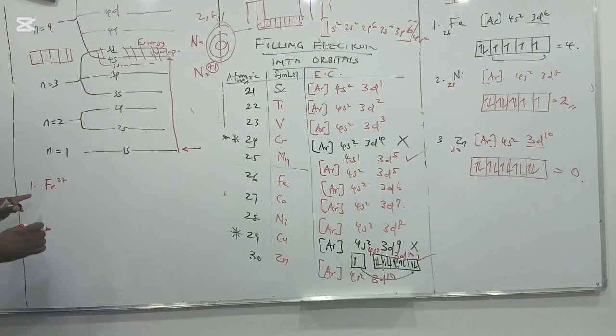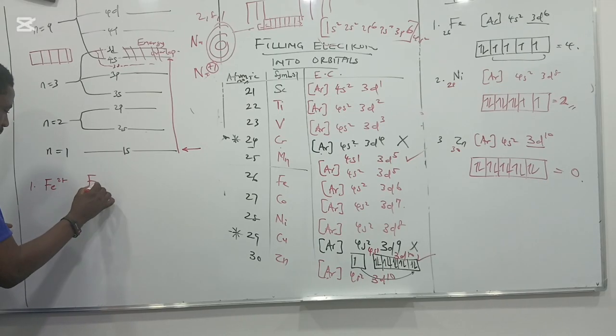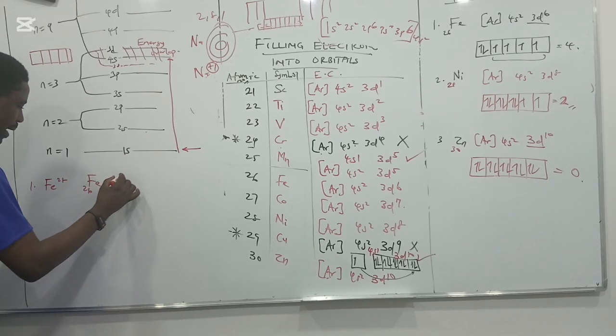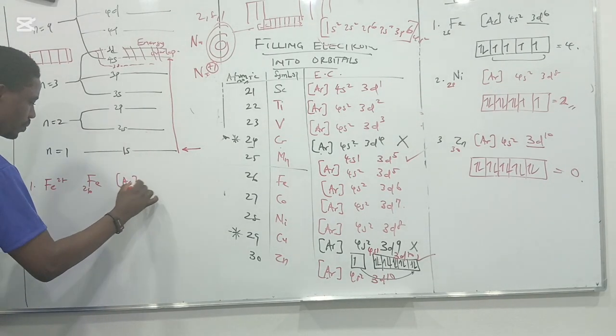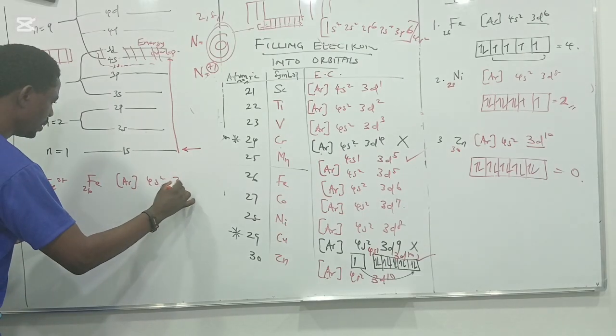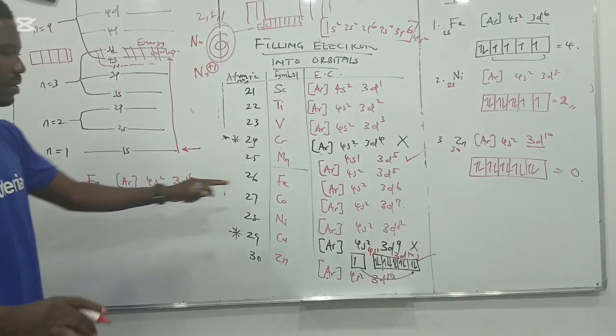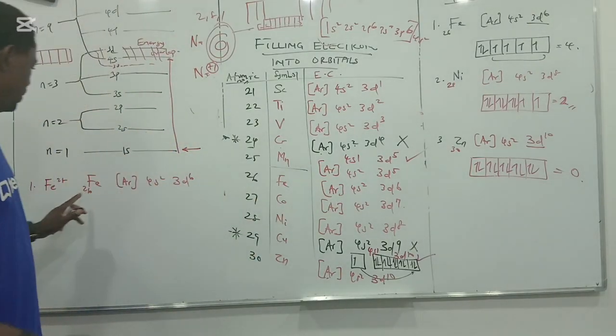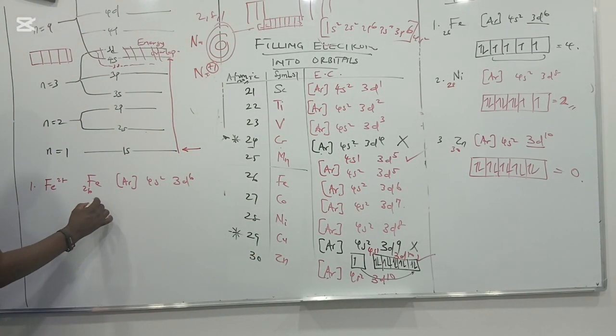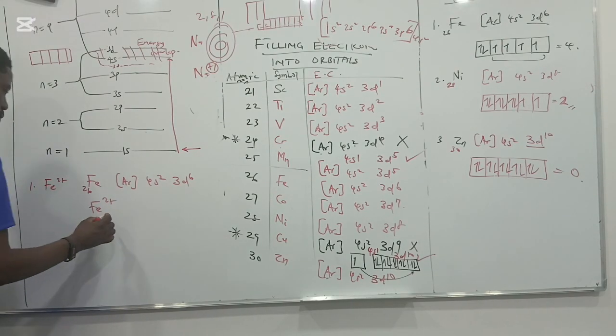The first thing you do: Fe is 26, and that is argon, 4s2, 3d6. Can you see? I've not cleaned it actually. So that is the atom itself. But if it is Fe2+, what it means is it has lost 2 electrons.